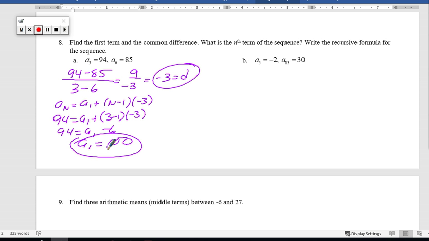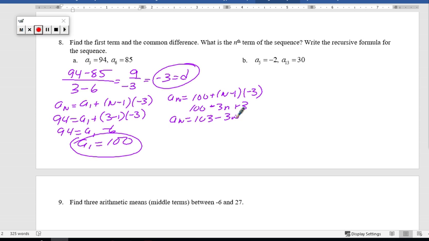We could then go ahead. We want to write this just as a formula here. We could say A sub n then is equal to 100 plus n minus 1 times minus 3. If you go ahead and distribute, we get minus 3n plus 3, so A sub n is equal to 103 minus 3n.